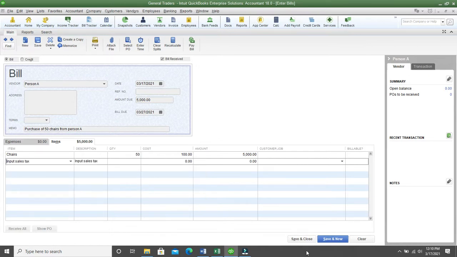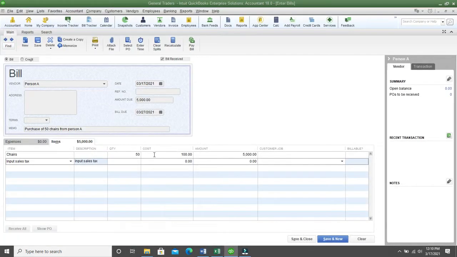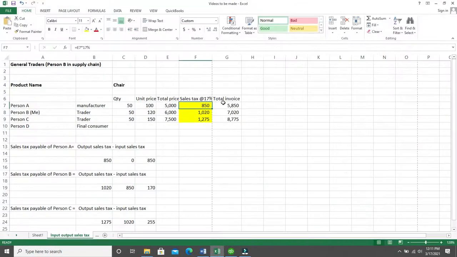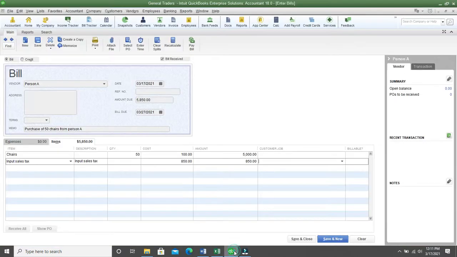This is input sales tax, and you shall record 850 there. The total amount is 850, so you shall write it in this column. Now my total bill is 5,850, which is in accordance with my illustration, that is, I have completed this transaction in QuickBooks. So I shall save this transaction, save and new.